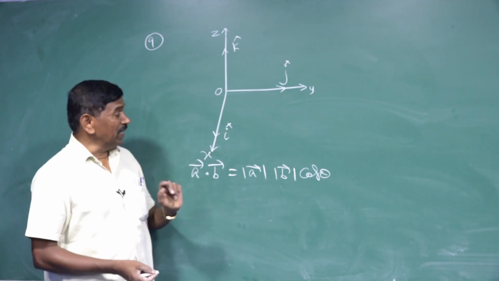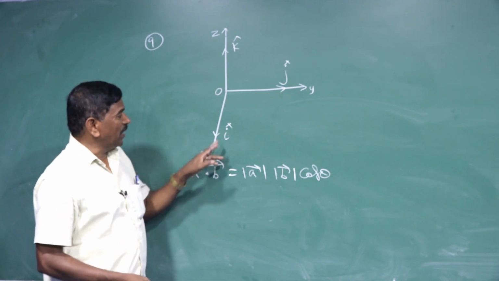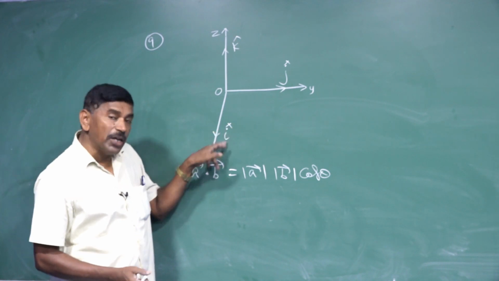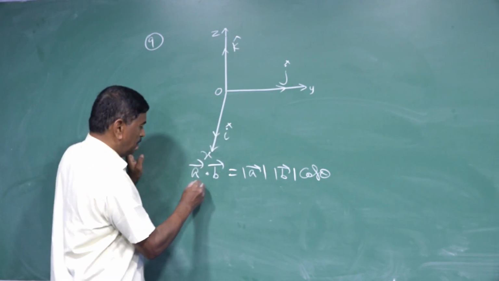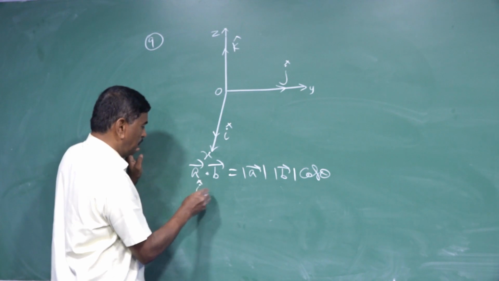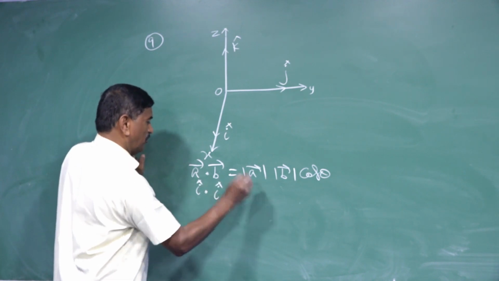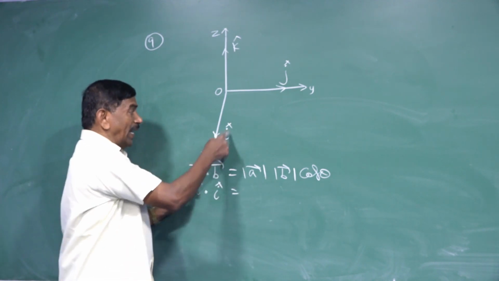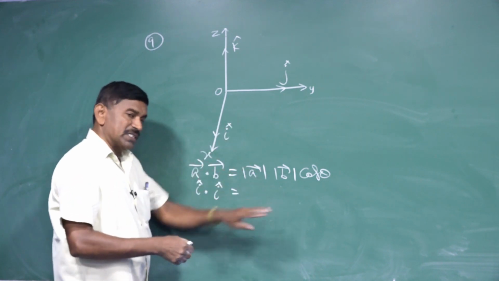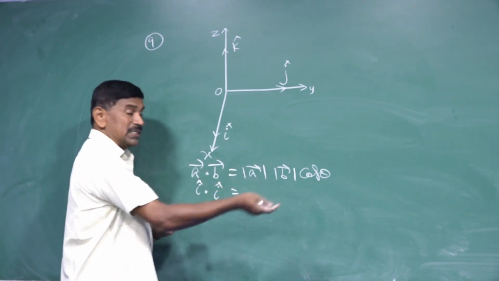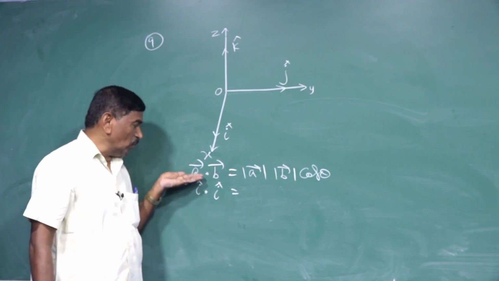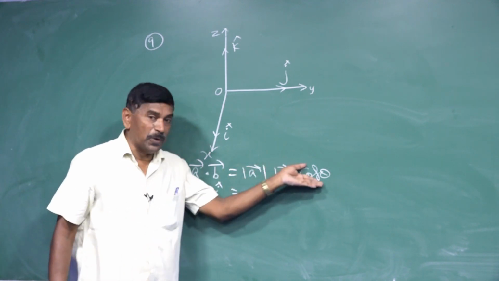Now, for my convenience, I want to take i cap dot i cap. Listen carefully. i cap dot i cap is equal to, by the definition of dot product.